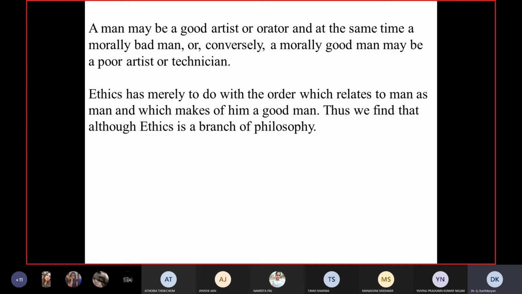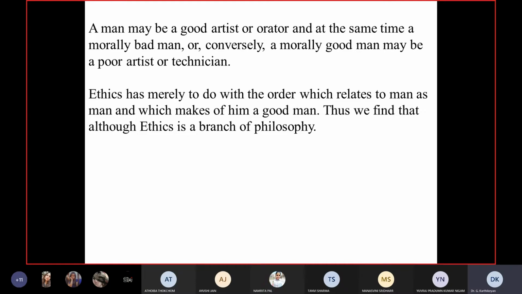One typical example is that a person could be a good artist or a good orator, but at the same time could be morally a bad person. Conversely, a morally good person may be a poor artist or a technician, or poor in other things.